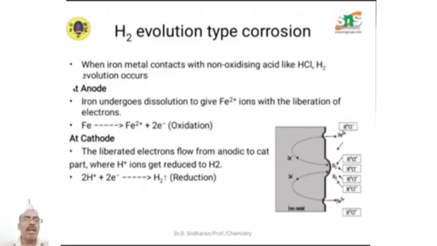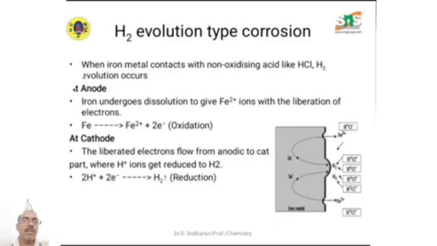The iron undergoes dissolution to give Fe2+ ions with the liberation of electrons. Fe gives Fe2+ plus 2 electrons. This reaction is an oxidation reaction and happens at the anode.